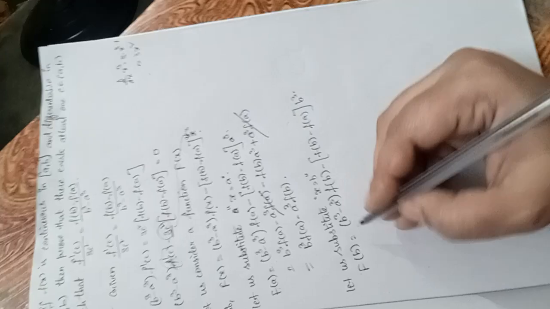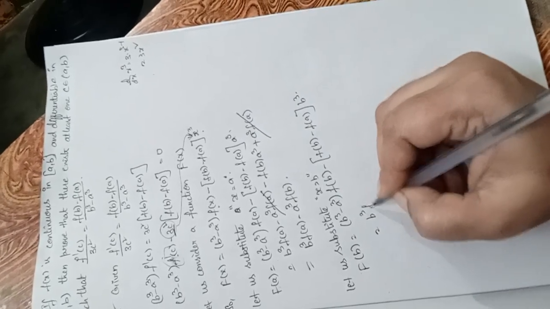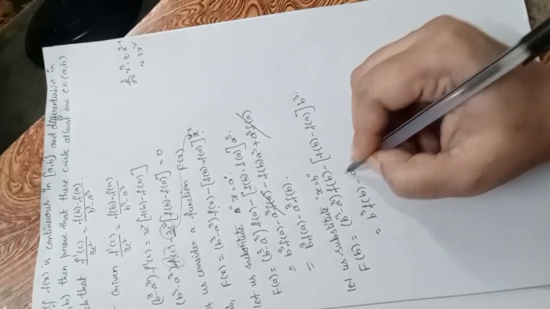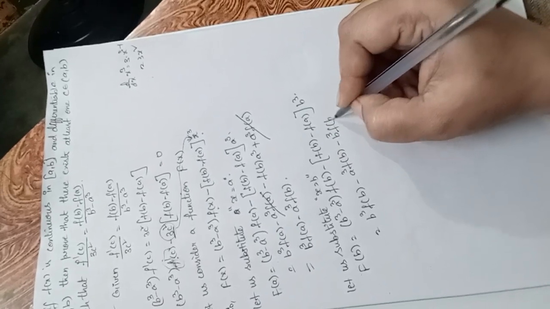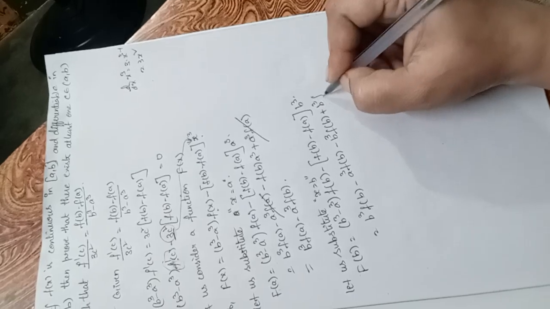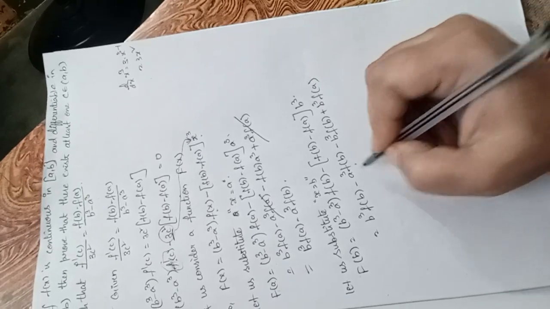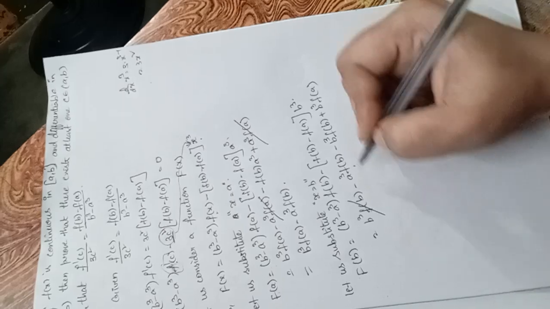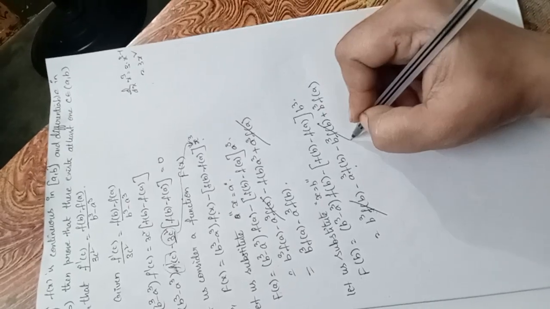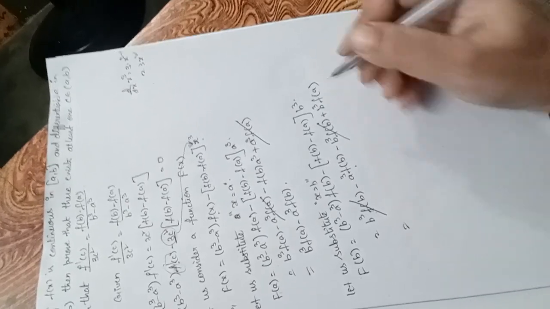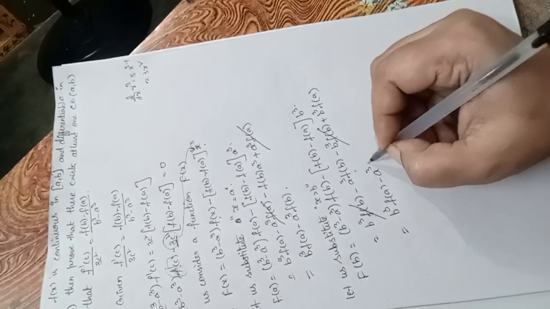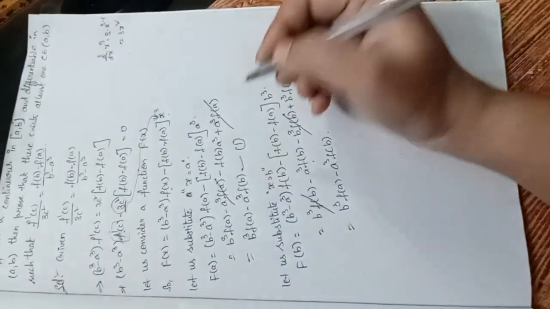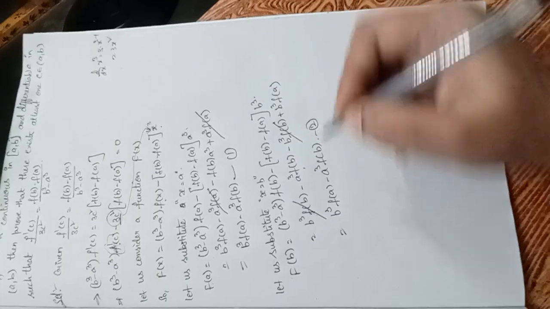So if you expand again, b³ f(b) minus a³ f(b) minus b³ f(b) plus b³ f(a). So b³ f(b) with plus sign and b³ f(b) with negative sign cancelled. So what is left? b³ f(a) − a³ f(b). So take this as equation 1 and this as 2.